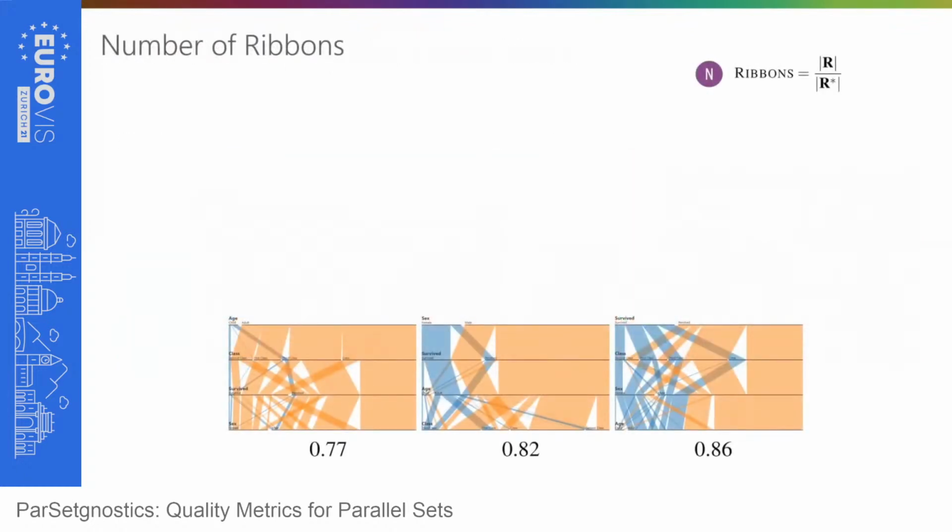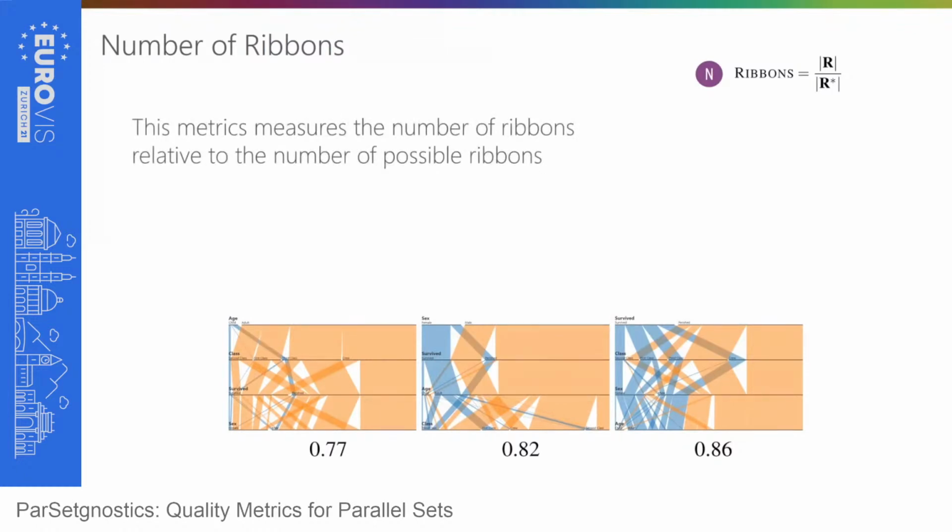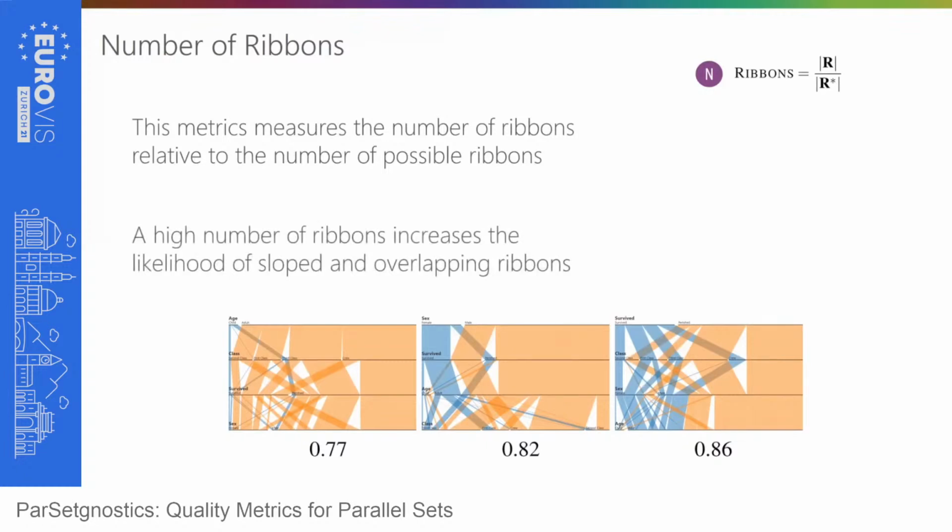The first dimension ordering dependent metric is the number of ribbons. For this metric, we measure the number of ribbons relative to the number of all possible ribbons. We do this to allow for comparability, since parallel sets visualizations do not visualize empty sets. A high number of ribbons increases the likelihood of sloped and overlapping ribbons.